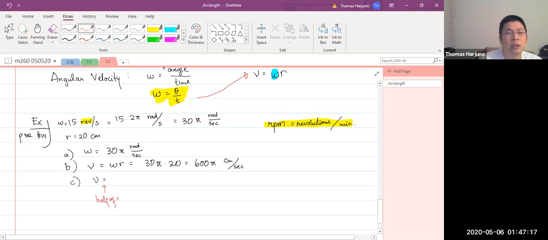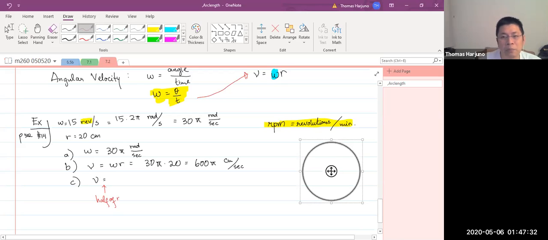So imagine if you have a wheel. So let me tell the story even more. Suppose you have a wheel, a tire, and the angular speed omega is 15 revolutions per second.